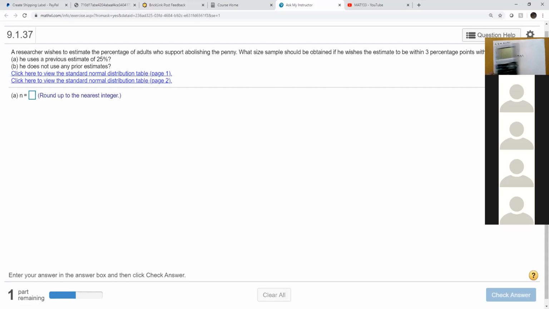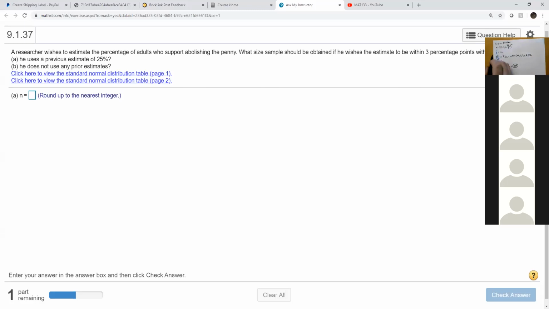So I grab my calculator, turn it on, and do second variables to pull up the distribution. It's option 3. 0.005, and for me, I'm going to use the positive one, 2.576. You want to use exactly 3 decimal places.